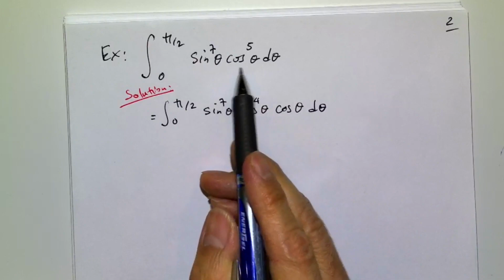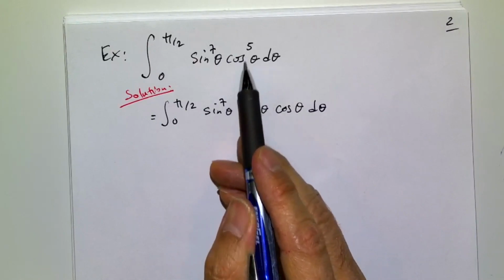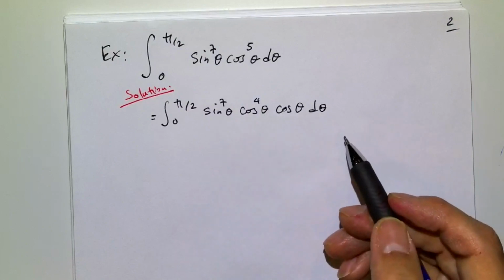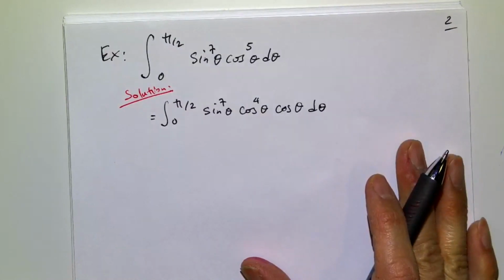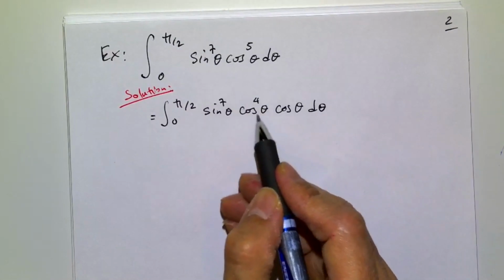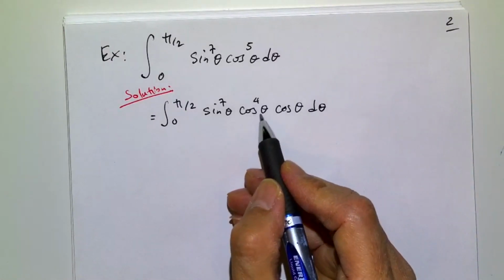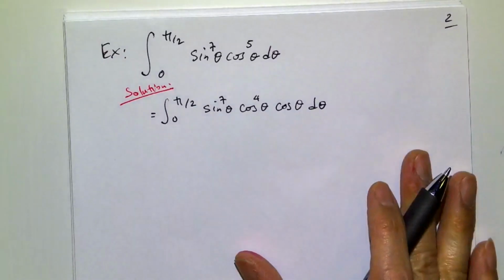We just broke this cosine to the 5th power into cosine to the 4th times cosine theta. Then we can rewrite this in terms of cosine squared theta, squared. Notice that I'm keeping the sine to the 7th power theta intact so far.